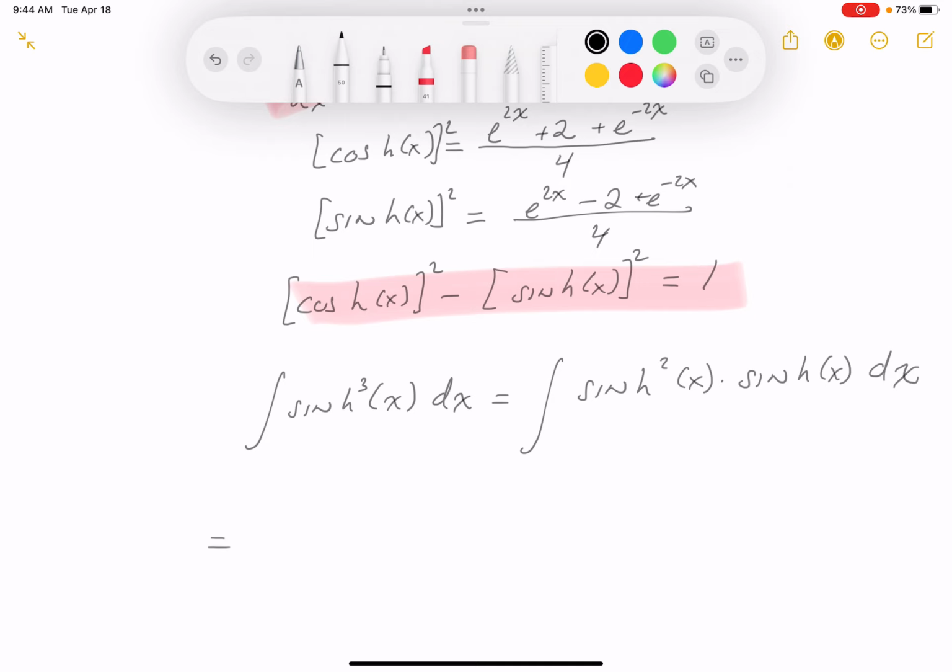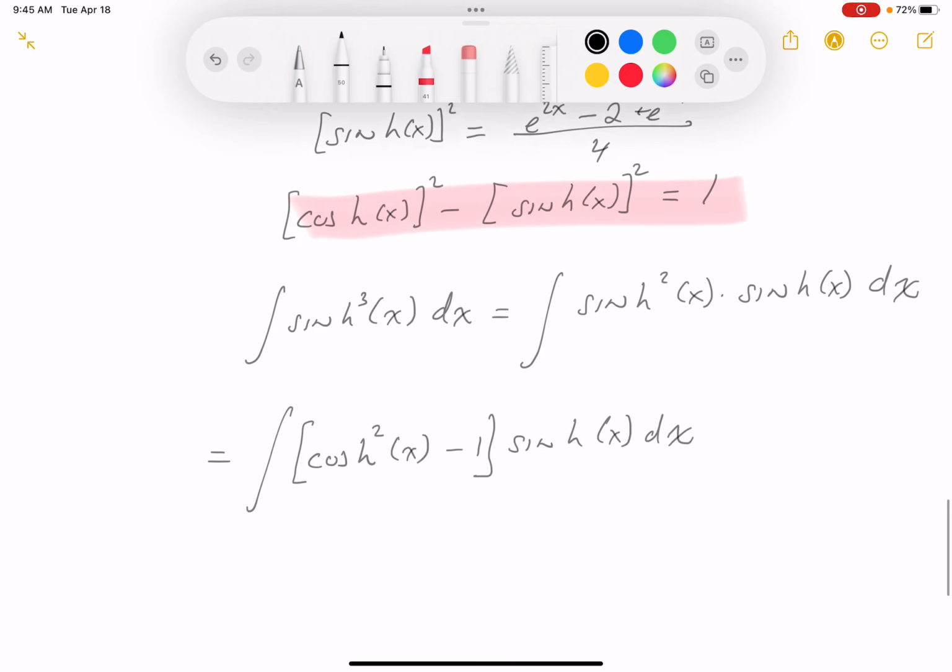I can use an identity to rewrite that. I would see this as hyperbolic cosine of x squared minus 1, and then I would have hyperbolic sine. All right, let's see if I did that right. Yeah, I think that's okay.